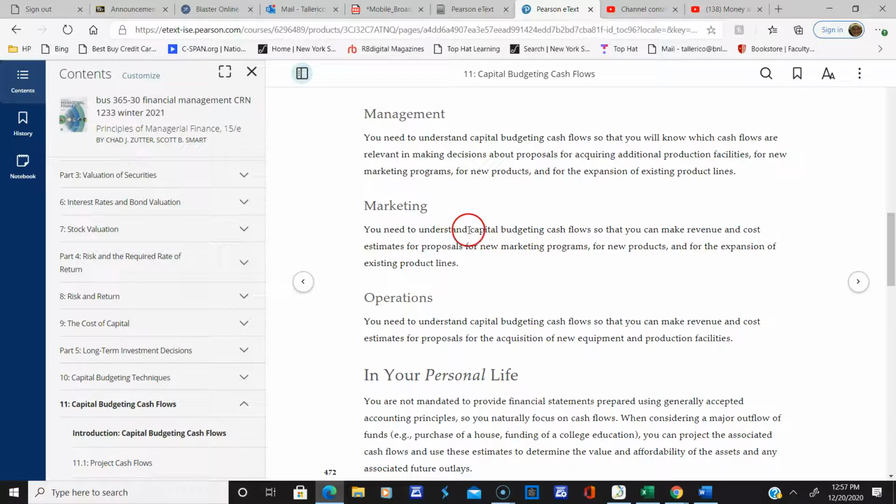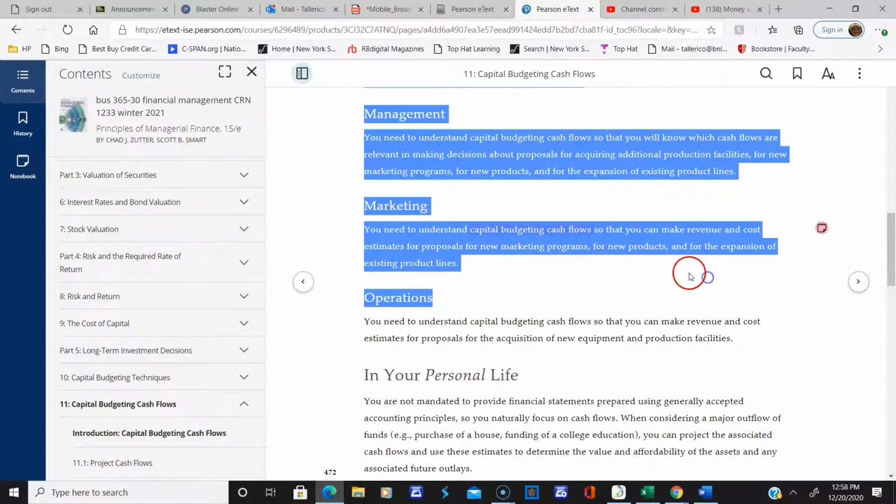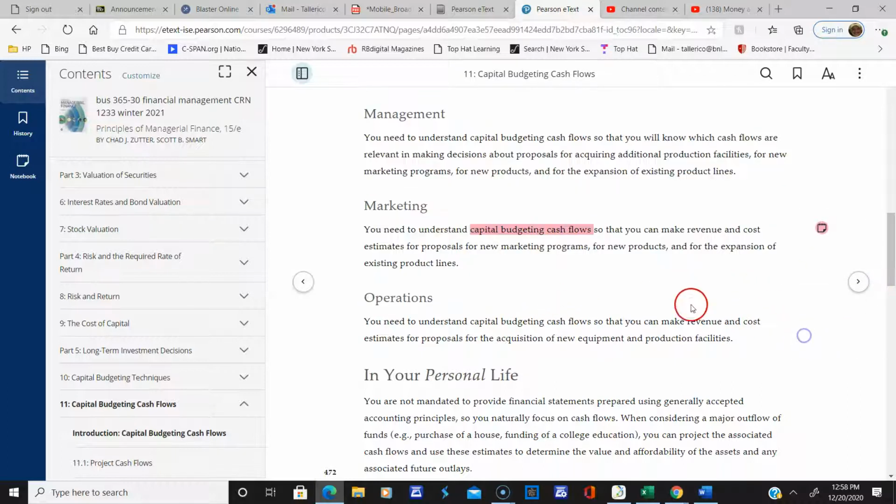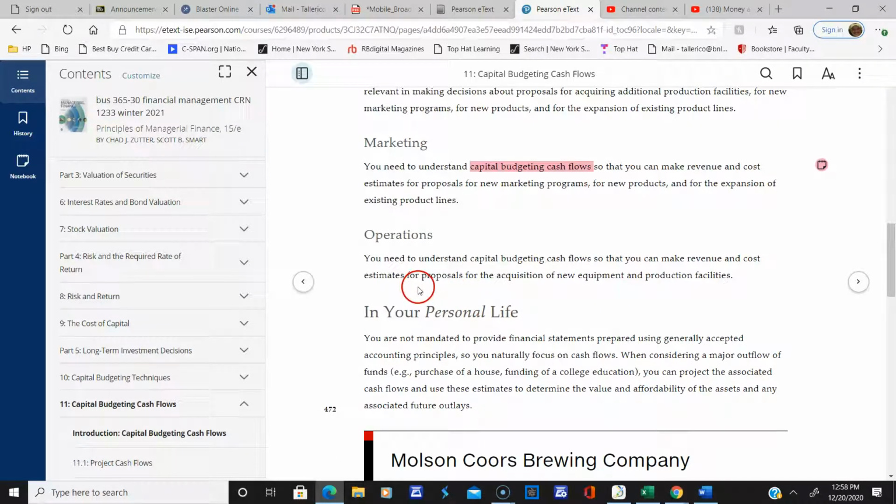You notice the words here, all the common words in each little blurb. Capital budgeting cash flows, right? So that you can make revenue and cost estimates for proposals, for new marketing programs, for new products, and for the expansion of existing product lines, operations, capital. Once again, you'll notice here capital budgeting, cash flows.